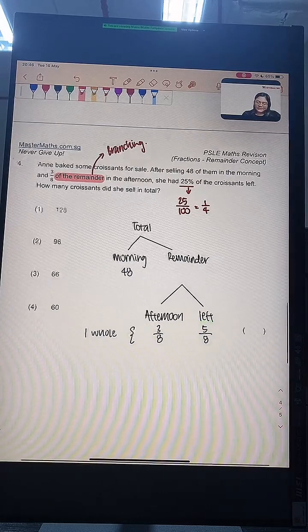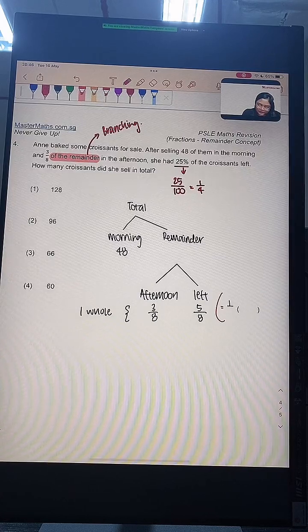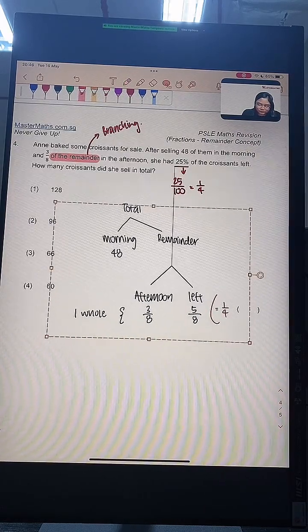But the question says what is left is actually 1/4 of the total. Therefore, we see a fraction of the remainder equals another fraction of the total.